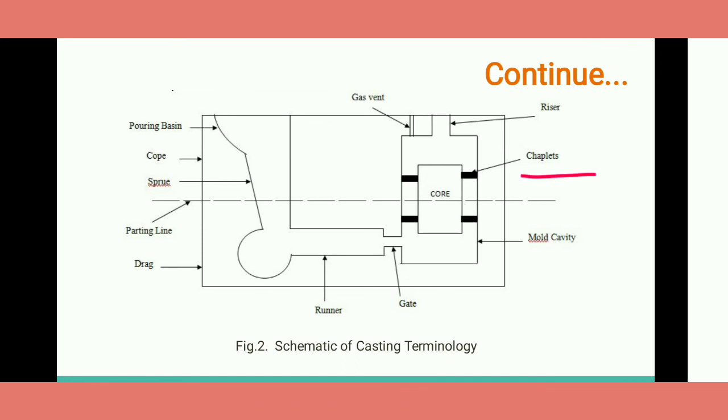Now these chaplets are basically of the same material as the molten material that we are pouring, the same composition or the same grade, okay. Because once this mold cavity is filled completely, these chaplets cannot be removed, okay. So once it is completed, this chaplet will become a part of the casting, okay.